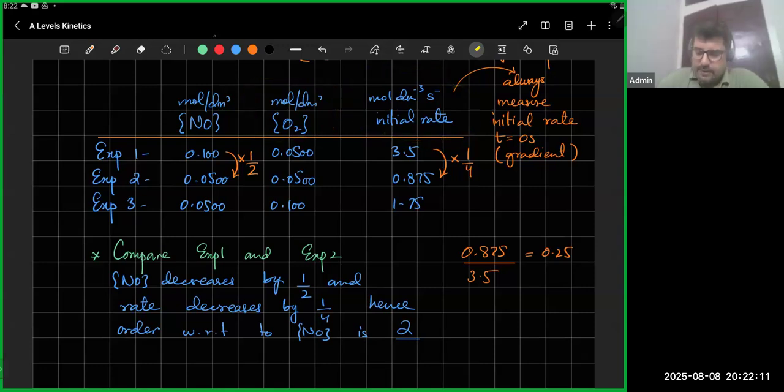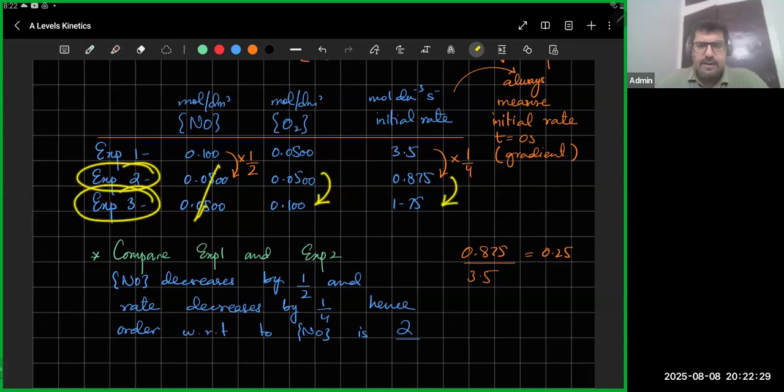So which experiments should I compare? I'm going to compare experiments 2 and 3, because NO is kept constant, so that's not going to have any effect on the rate of the reaction. This is being doubled, right?